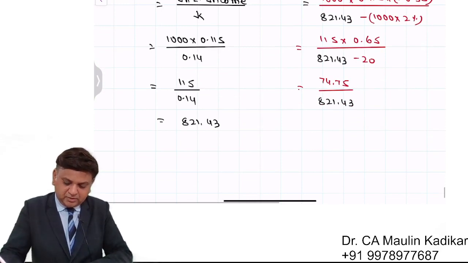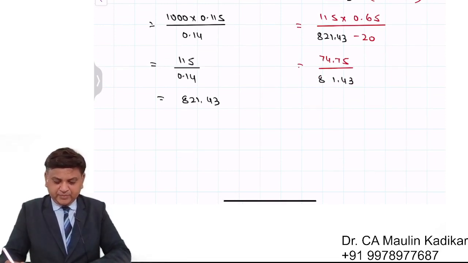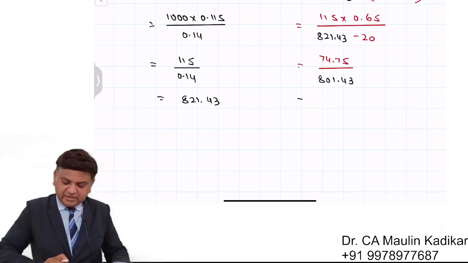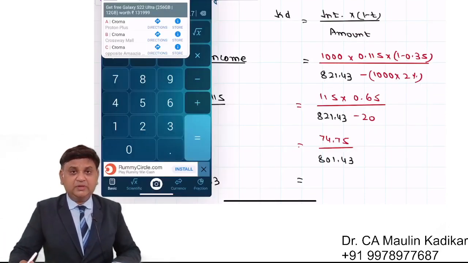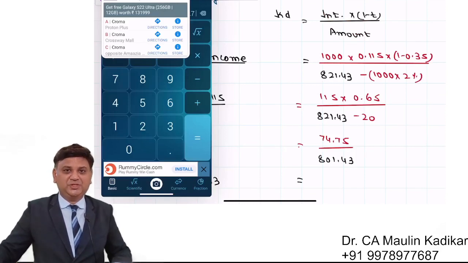821.43 minus flotation cost of 20. So amount received by the company will be 801.43. So what will happen? It is 74.75 divided by 801.43. That comes to 9.33 percentage. That is the way we are required to make the calculation of answer.